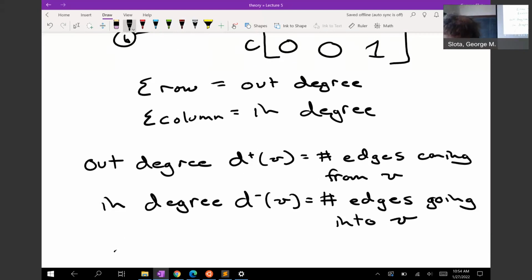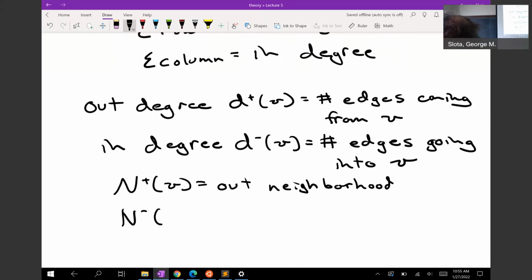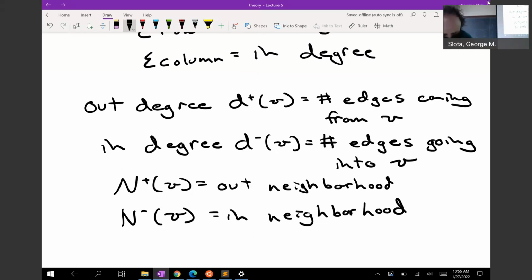Likewise, we have neighborhood notation: out neighborhood, and in neighborhood, N minus of v. All right, nice.